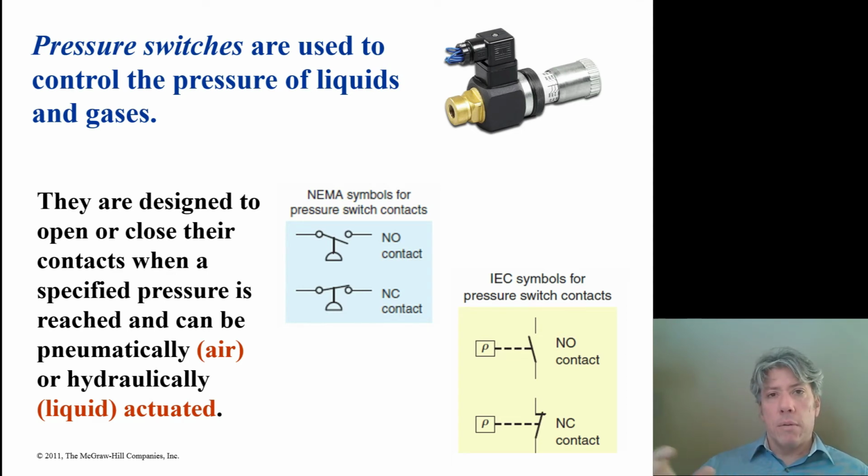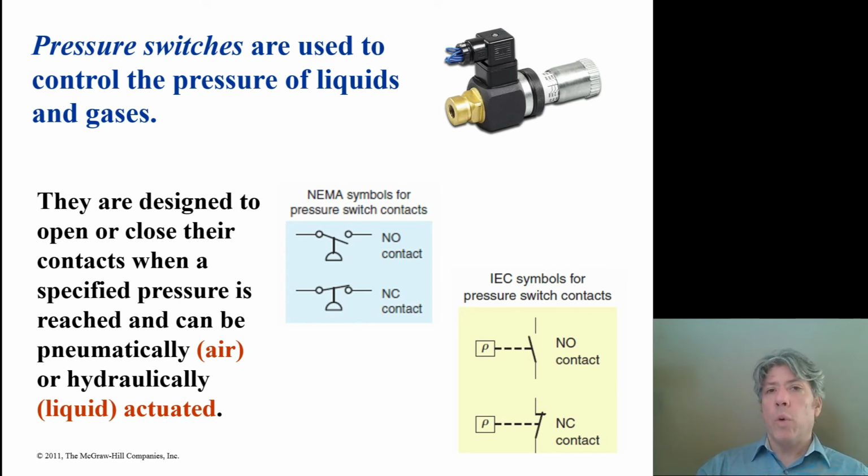I'm showing you large classes of switches really in this presentation. The standard symbol for NEMA you can see there in blue, and for IEC you can see there in sort of a yellow color. And again, these typically have some hysteresis, just like the temperature switches have.